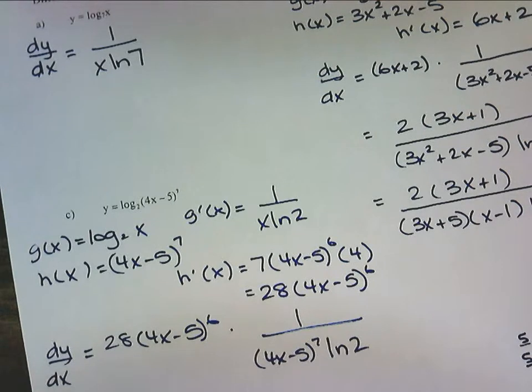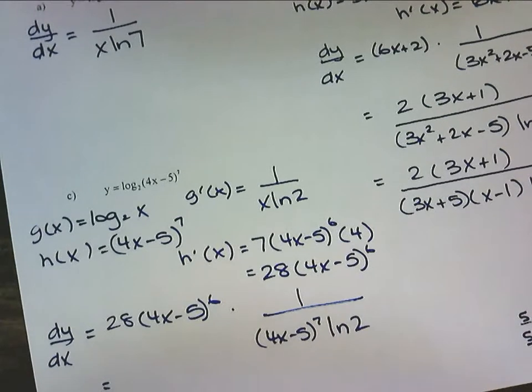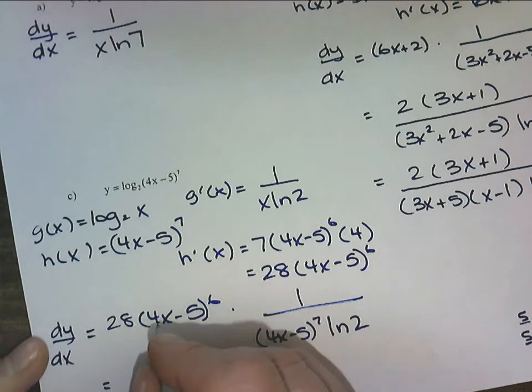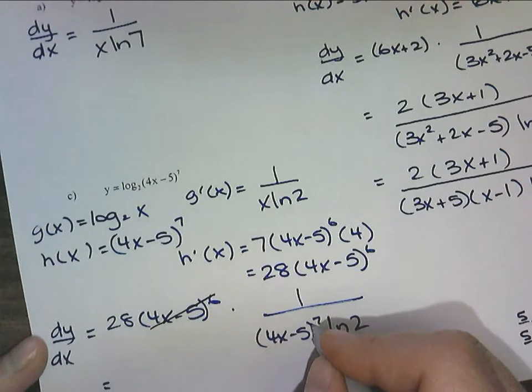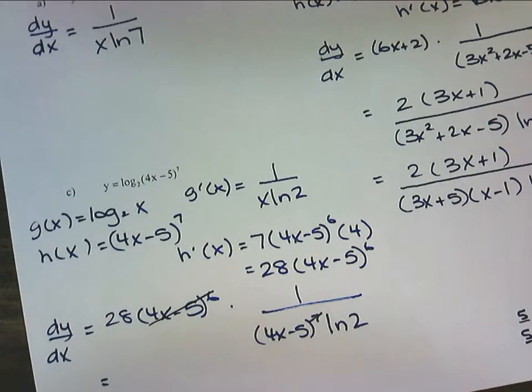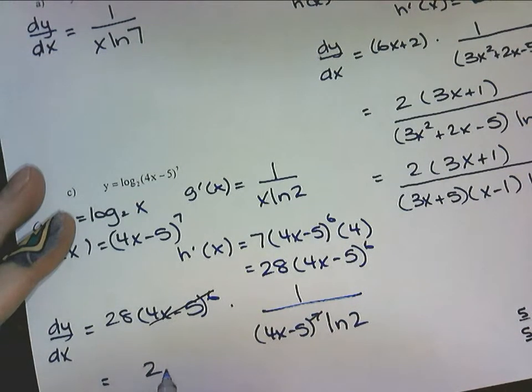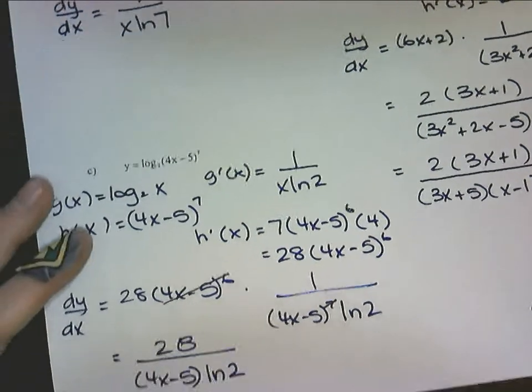I can easily see that there are 6 4x minus 5s, and there are 7 of these. So I'm going to cancel these out and simplify, and I'm going to cancel all of those out. So I'm left with 28 all over 4x minus 5 ln 2.